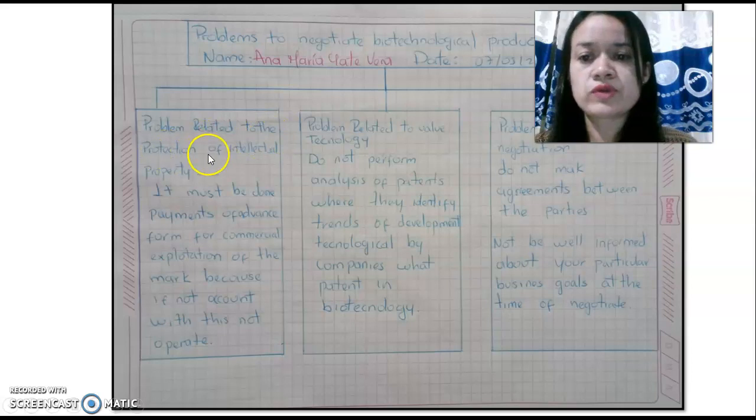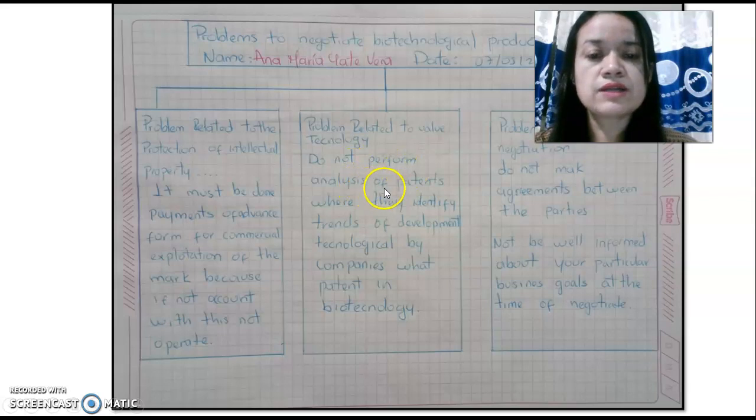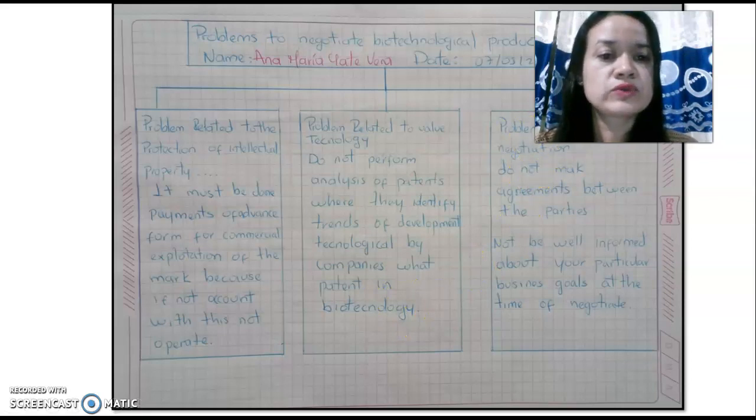A problem related to the protection of intellectual property: most victims make advance payments for commercial exploitation of the mark because it does not have this protection offered. A problem related to technology valuation: not performing patent analysis to identify technological development trends by company in biotechnology patents. A problem related to negotiation: not reaching agreement between the parties, and not being well informed about your particular business goals at the time of negotiation.